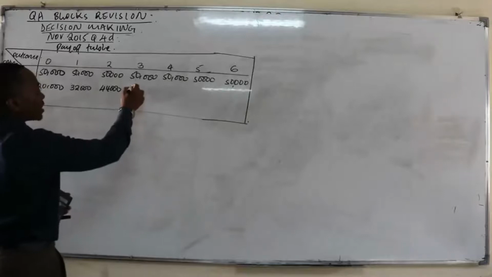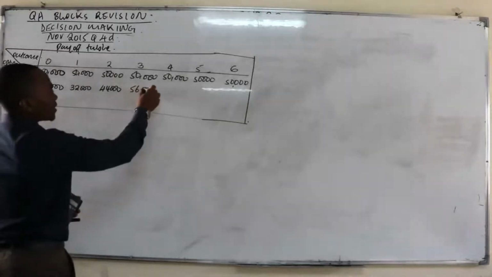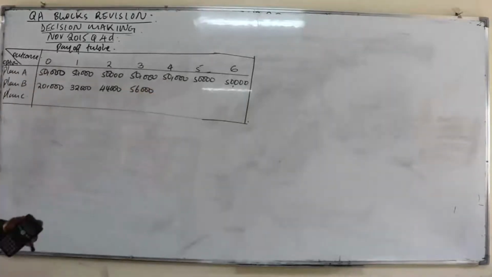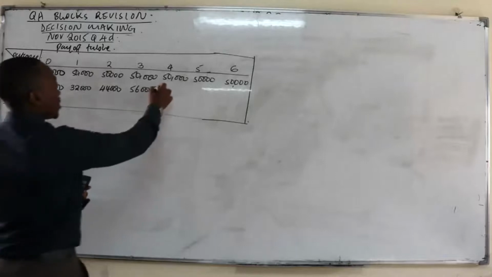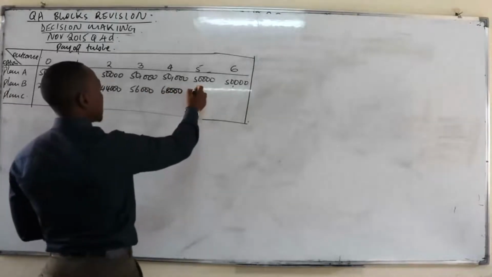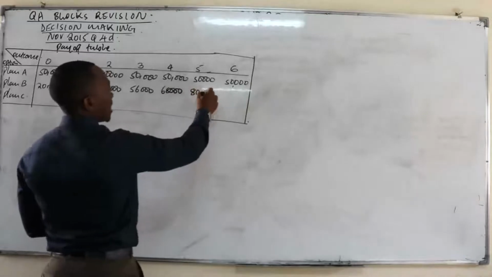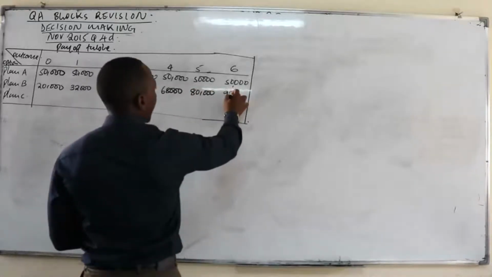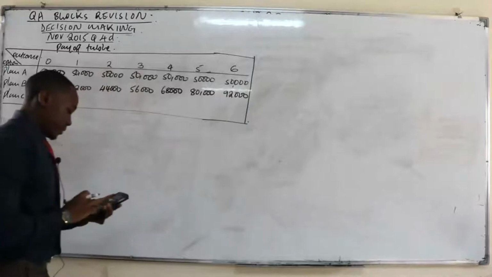And that means you get how much? 56. Then if you sell 4 houses, it's 4 times 12, and then you add 20, so you'll have 68. This one you will have 80. And the other one will have 92,000.